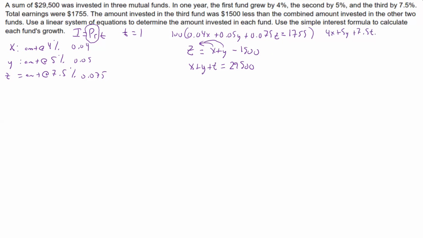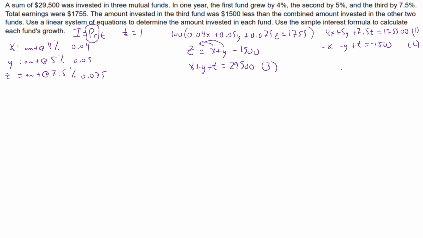Yes, we're still going to have a decimal, but that's okay. It equals 175,500. That's equation 1. Equation 2 is minus x minus y plus z equals minus 1,500. And equation 3 is still the total one, so we don't have to do anything with that one.